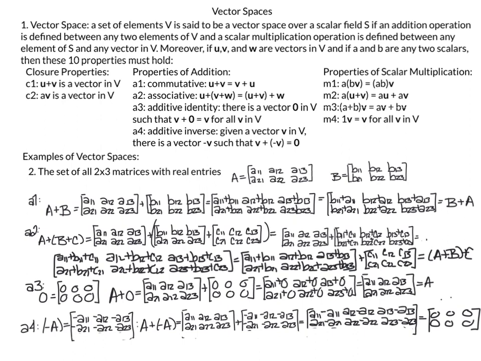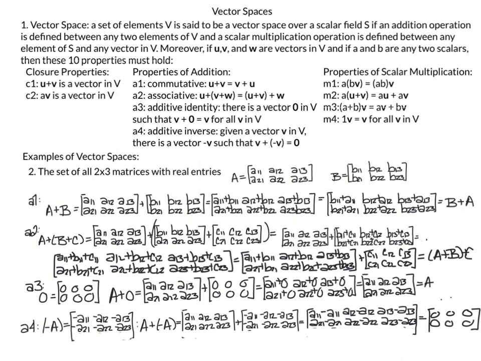So here I have matrix A plus matrix B, and by definition of addition of two matrices, I have this matrix where I have the component by component addition. And then because a11 and b11 are both real numbers and addition of real numbers commutes, I can make that equal to b11 plus a11. Similarly, a12 plus b12 can be b12 plus a12, etc. So then what I have is the very definition of B plus A. So I have shown commutativity.